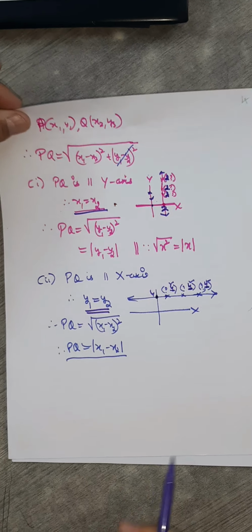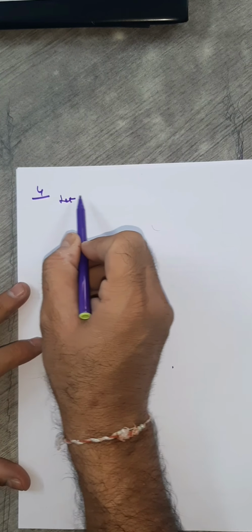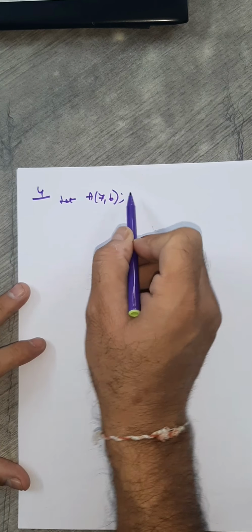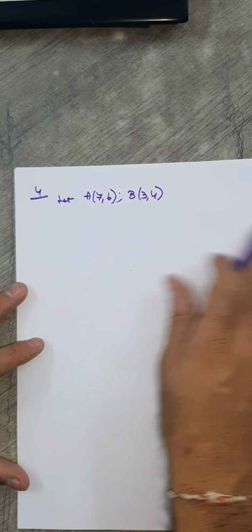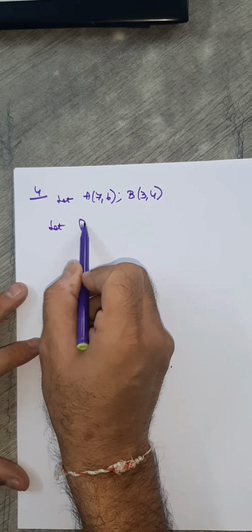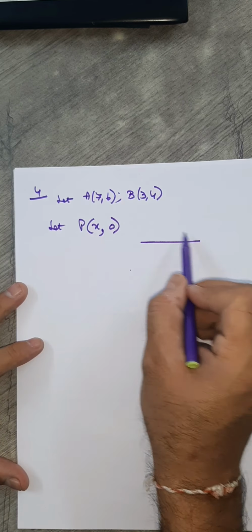Okay. Next question, question number 4, what does it say? In the fourth question, find a point on the x-axis which is equidistant from given 2 points. We call them A and B, 7, 6 and 3, 4. You have these 2 points. We want a point on the x-axis. So let that point be P. When you want a point on the x-axis, then the y coordinate is 0.